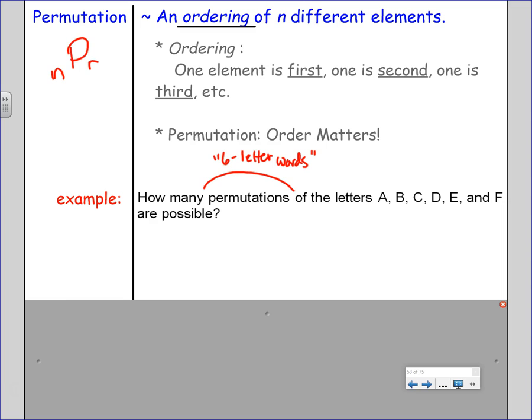The order matters. If we were just given this example, how many permutations of the letters A, B, C, D, E, and F are possible? How would you guys think of doing it with the fundamental counting principle? 6 factorial? How come?